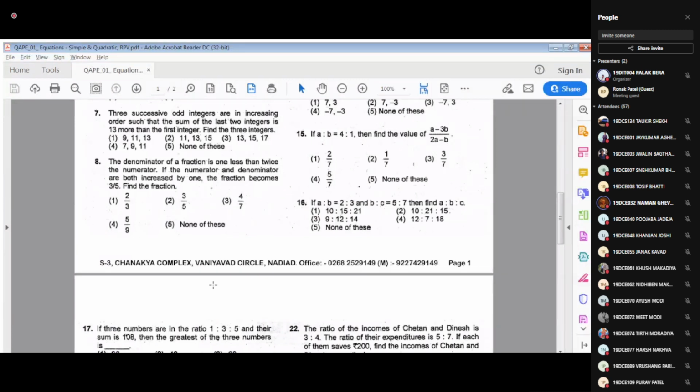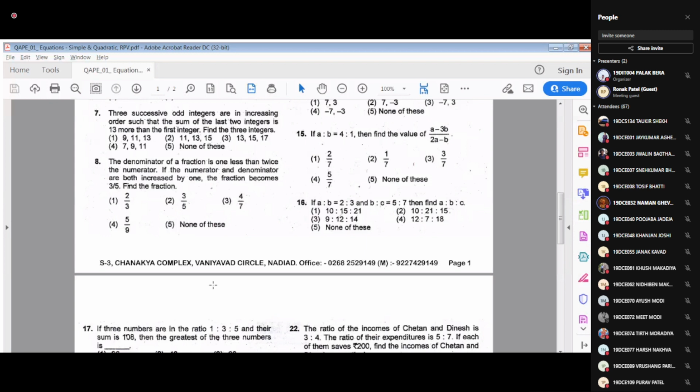So first option 2 by 3. Have you used options or done it with variables? Sir, options. So in the options, if you look at the first number, the denominator of the fraction is 1 less than twice the numerator. So all four will satisfy this, because you make the double of the numerator and minus 1 you get the denominator. Like 2 2s are 4 minus 1 is 3, first option.